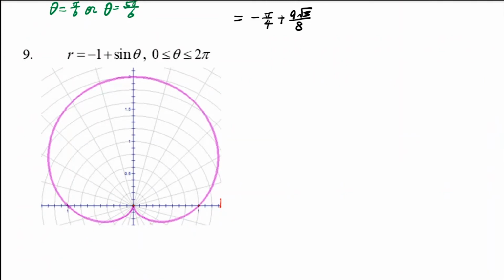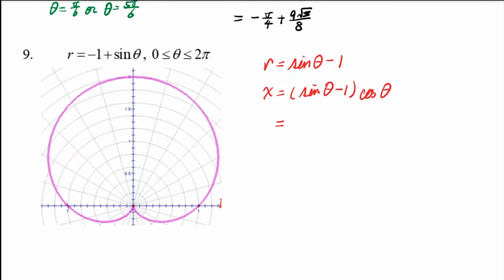So when we have such an R value like this, R is equal to sine theta minus 1. And we have to parameterize it. So x is equal to R cosine theta, so that's sine theta minus 1 times cosine theta.